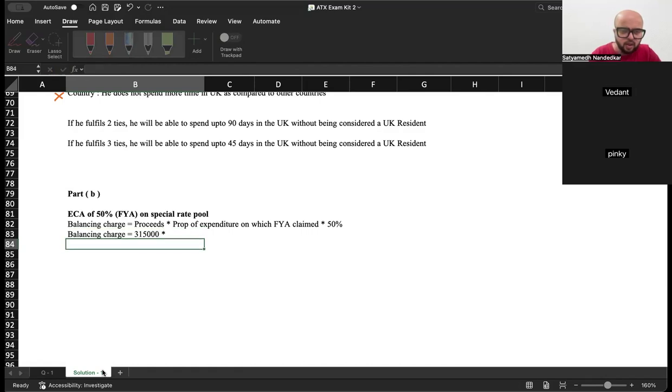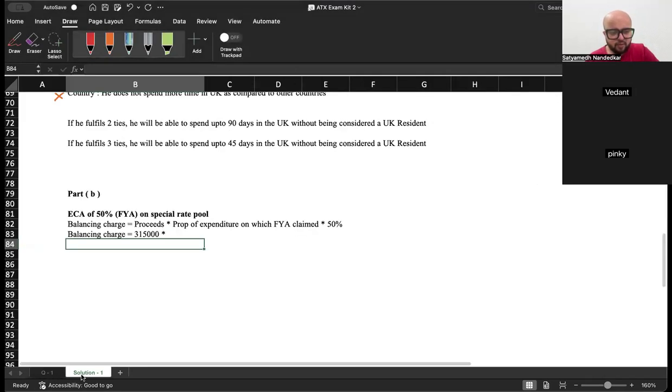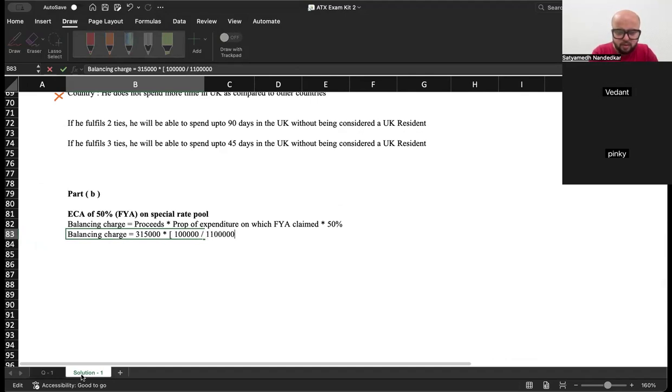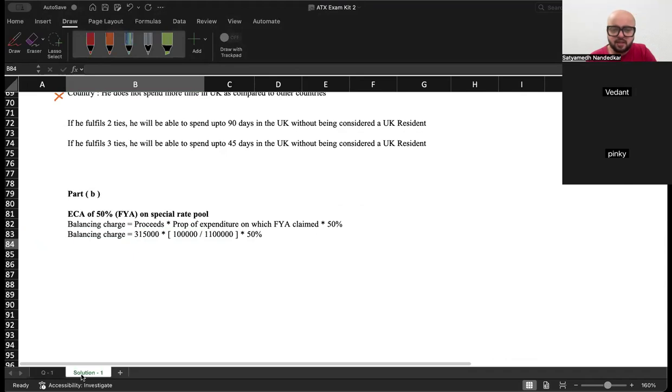3,15,000 into proportion of expenditure on which FIA was claimed. The asset was worth 11 lakh, and FIA was claimed on 1 lakh. So we'll have to write it down here: 1 lakh upon 11 lakh into 50%. That is the balancing charge.